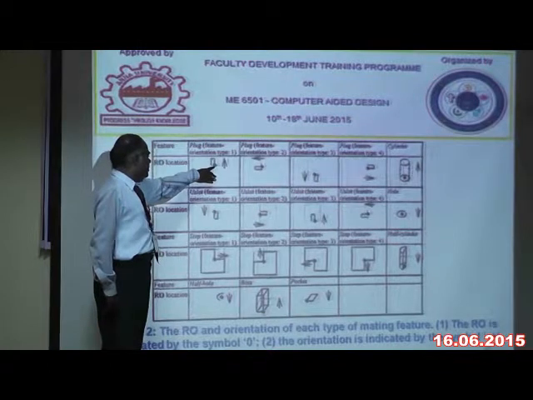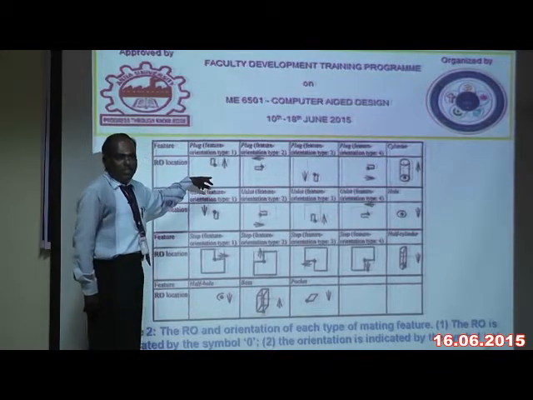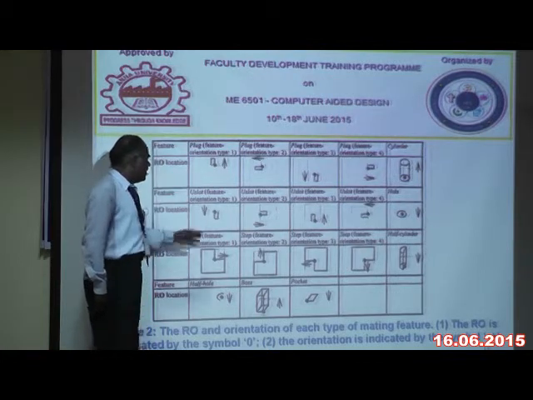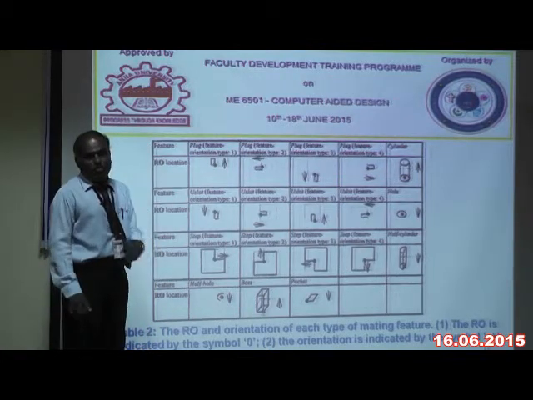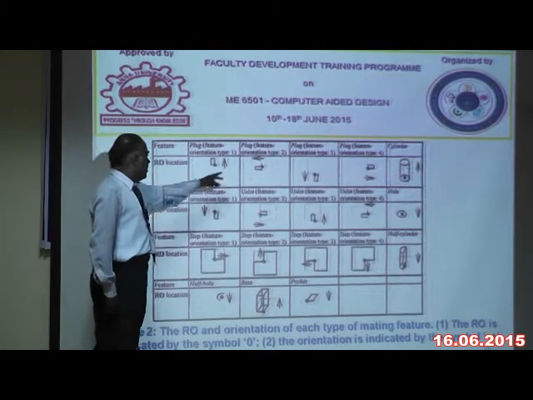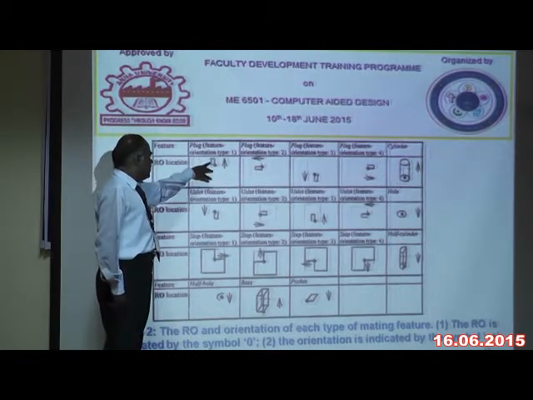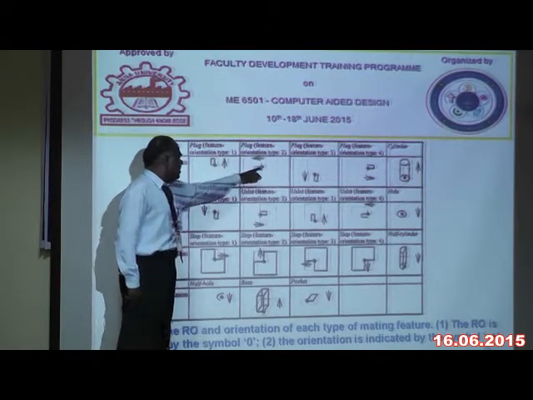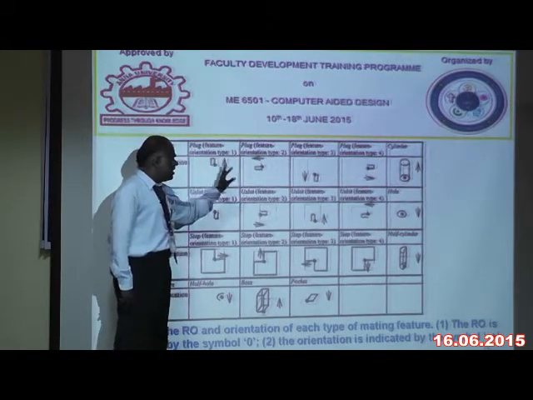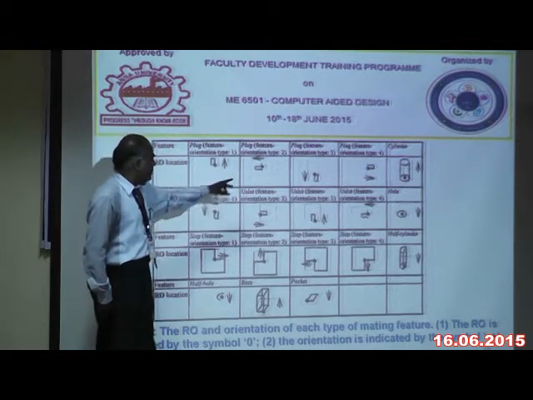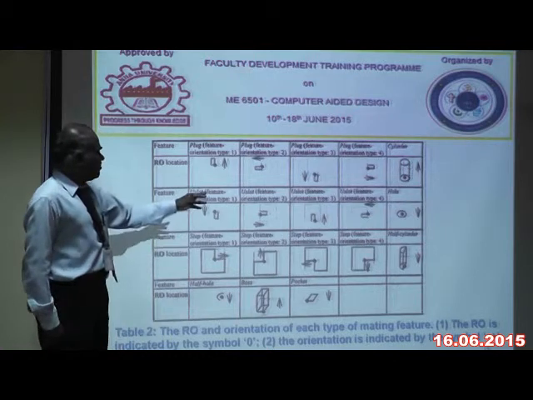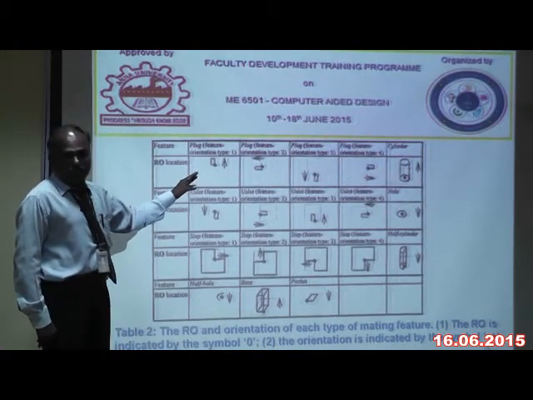This dot refers to the position and the arrow refers to the orientation, the movement of the parts. And then this is orientation type 1, this is orientation type 2. The reference part may change and the direction also changes. And the features type 3, type 4 for the cylinder. That is the features of the parts.